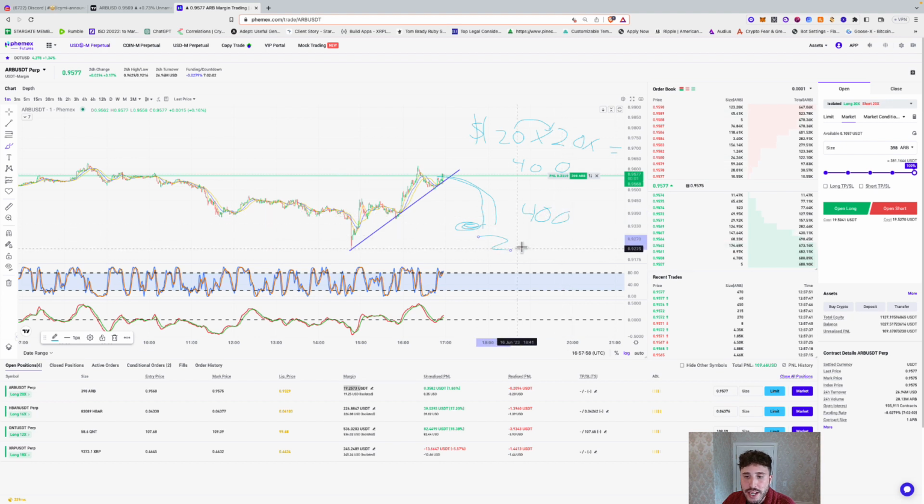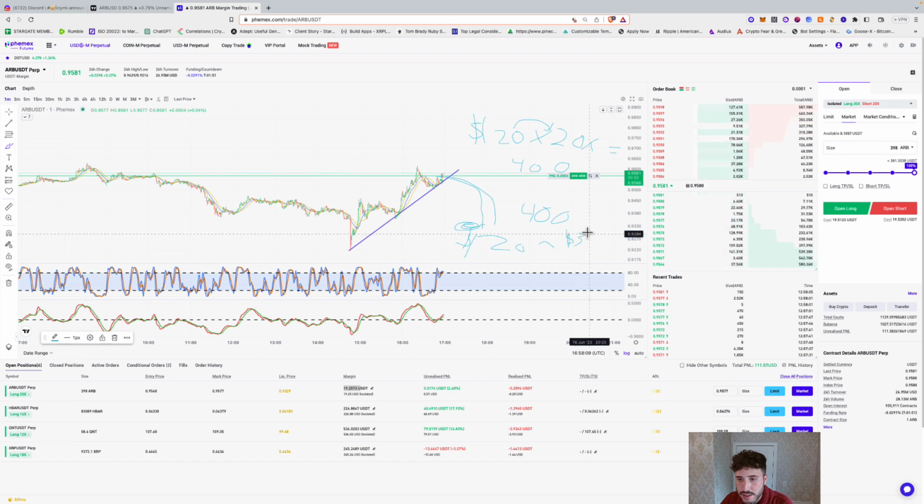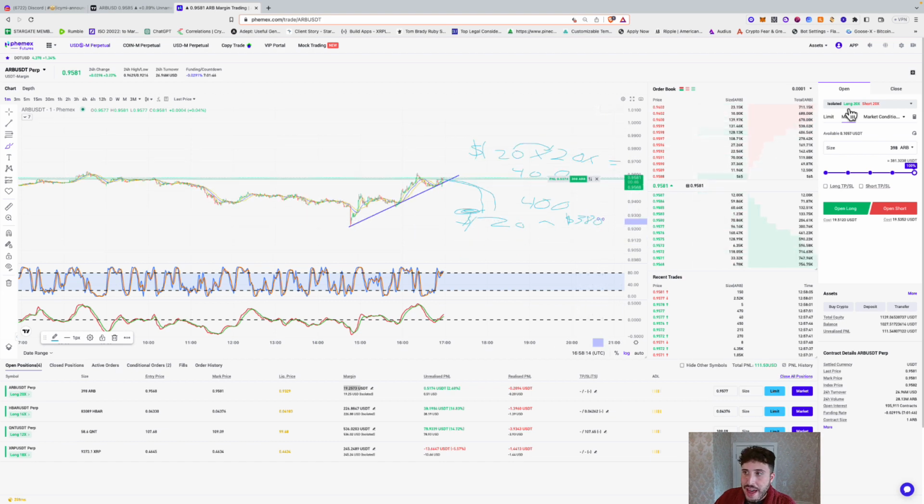I put in $20, my real money, and they loaned me the rest, $380. That's where the 20x leverage comes from. It's a multiplier of how much you put in. So if I were to put in $1,000 times 20x, basically I'm trading with $20,000.